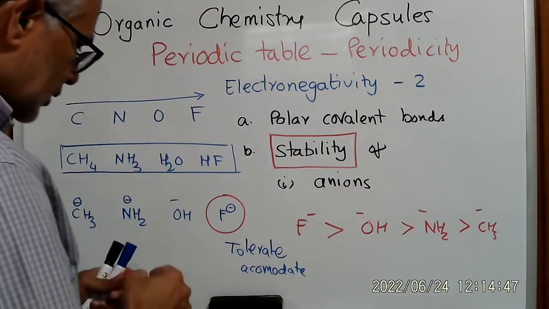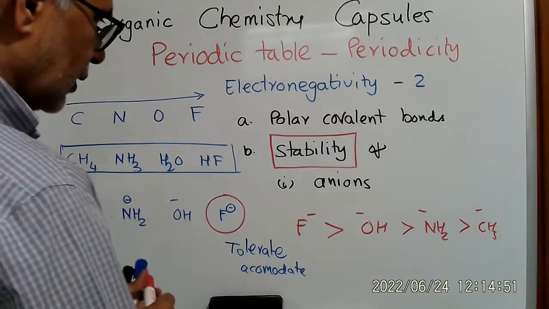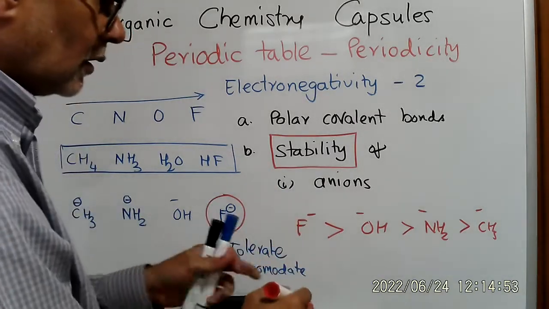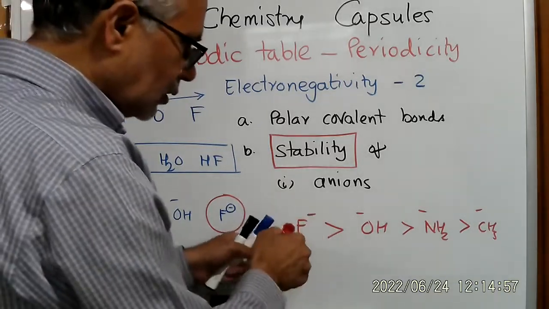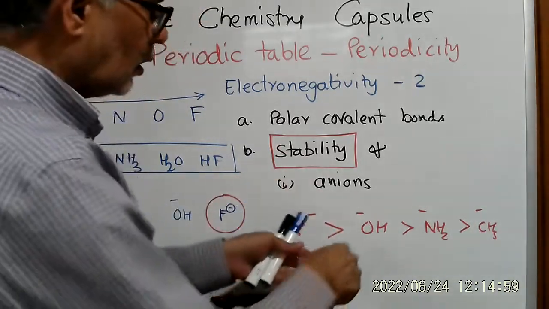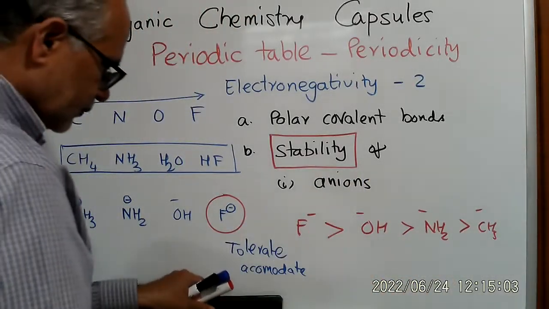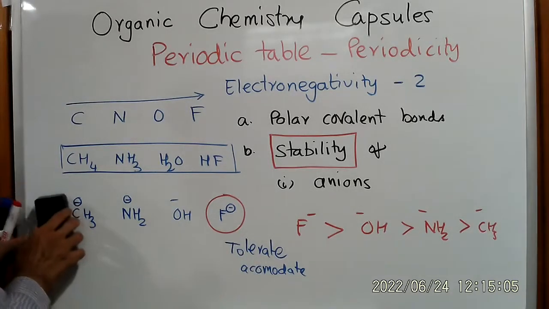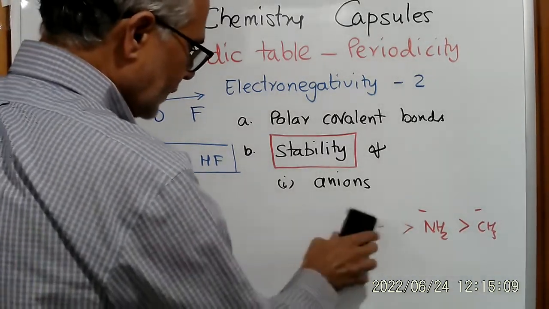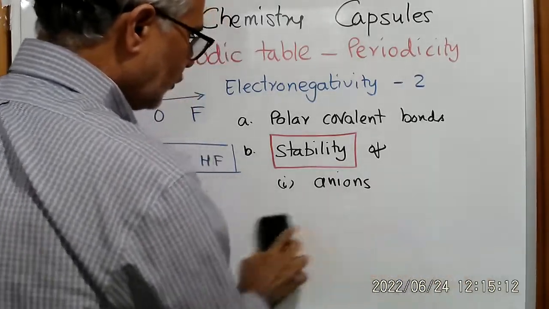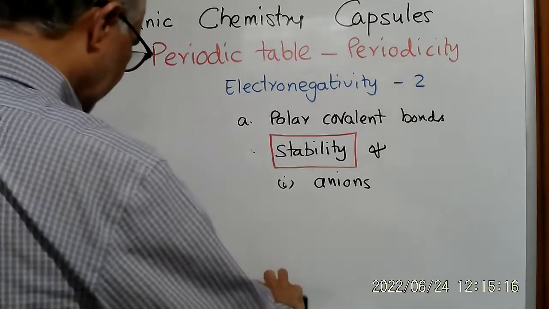Now I'll draw a different set of compounds to refine this further. In this example, the negative charge is on the element fluorine, on oxygen, on nitrogen, on carbon. Now, in the next example, we will do something slightly different. We will draw four structures of ions, four different ions.